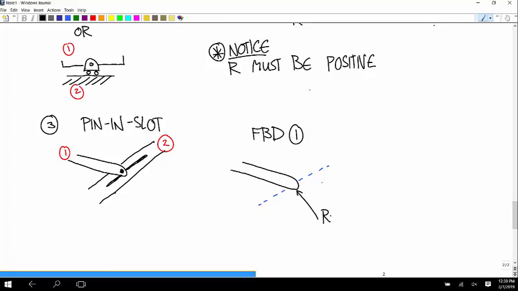So I'll call this force R. These have to be perpendicular. And free body diagram of body 2. That force has to be equal and opposite. So it's like that.